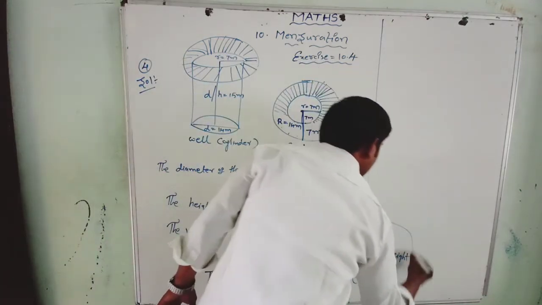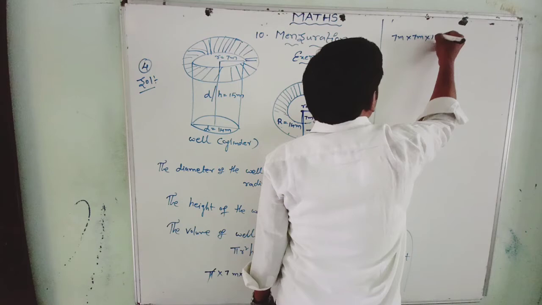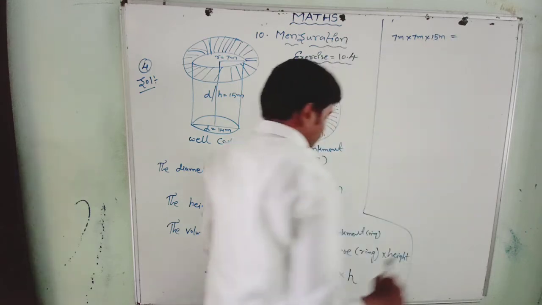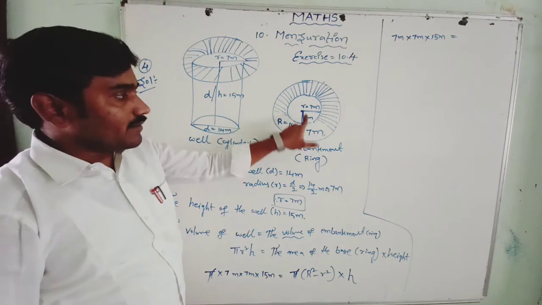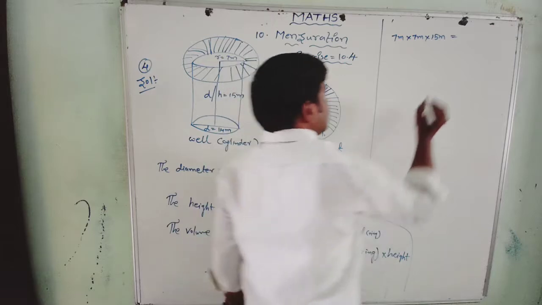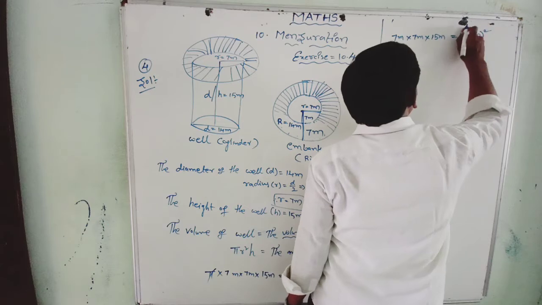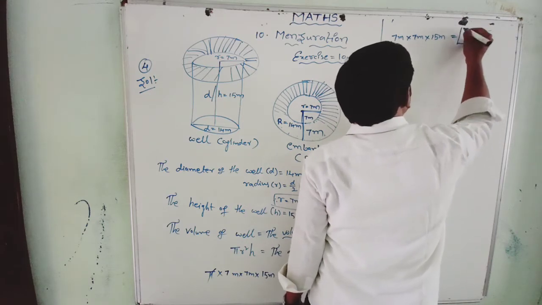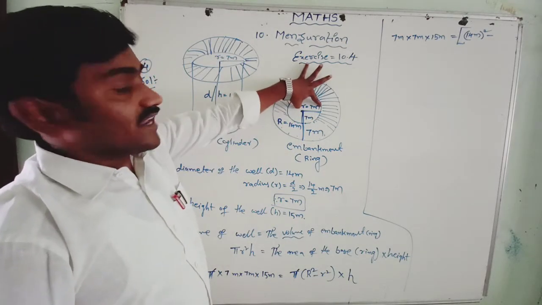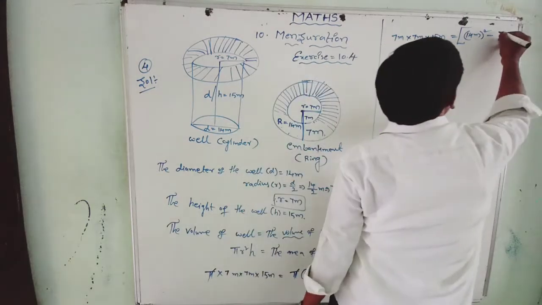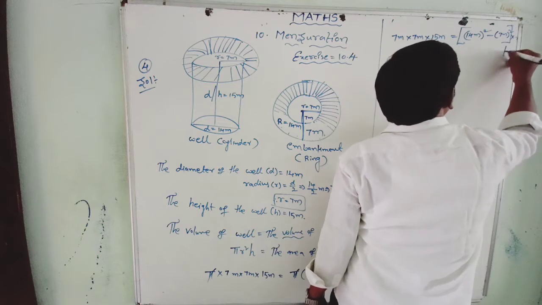7 meters into 7 meters into 15 meters is equal to capital R square. Capital R in the sense here, the outer radius of the embankment, that is 14 meters square. 14 meters whole square minus small r square, nothing but the radius of the well, that is 7 meters whole square, into h.